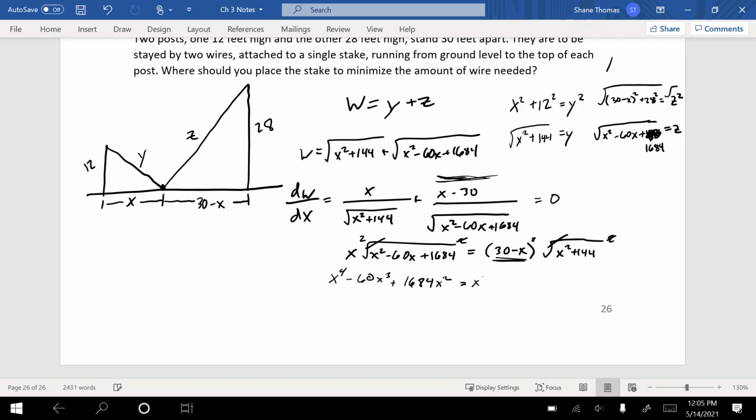So then I end up with x to the 4th minus 60 x to the 3rd plus 1044 x squared minus 8640 x plus 129,600. Numbers are getting a little ridiculous, aren't they?